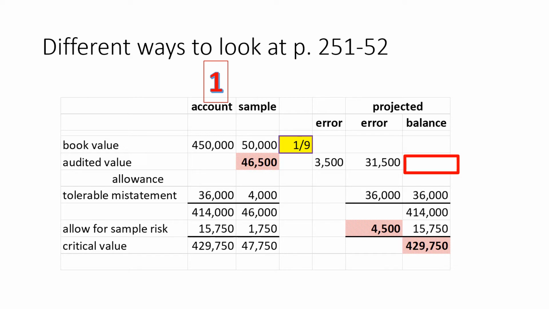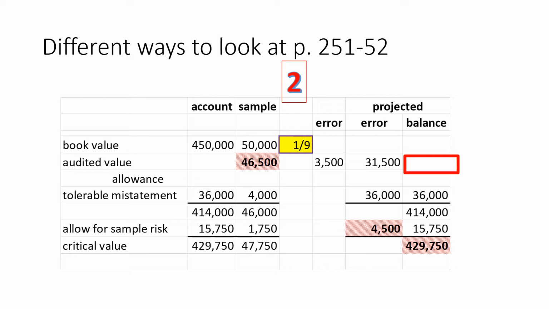Notice that I subtract the tolerable misstatement of 36,000 from the book value, and I get $414,000. We want to be very confident that the actual value of inventory exceeds $414,000. Then they're going to add on this allowance for sampling risk.